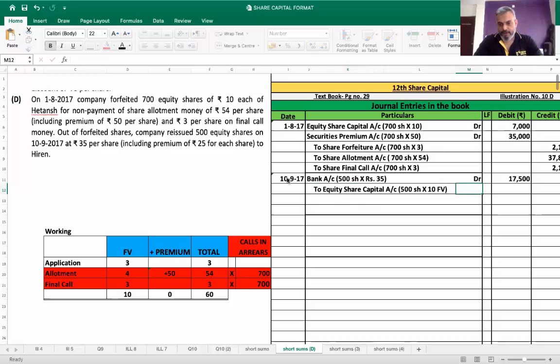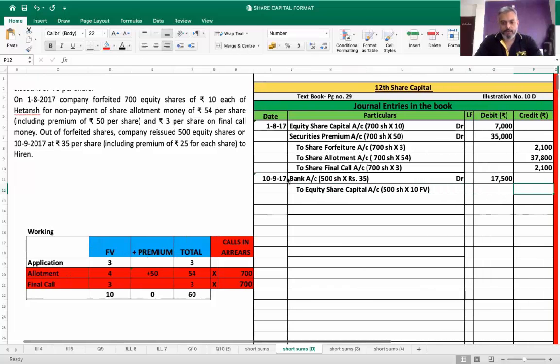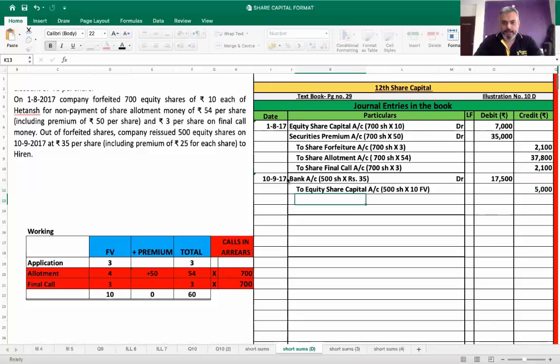Okay, I'm writing over here FV, that is for face value. So 5,000 and to securities premium, 500 shares into 25, 12,500. Now there is no rule that if you reissue you must give a discount.